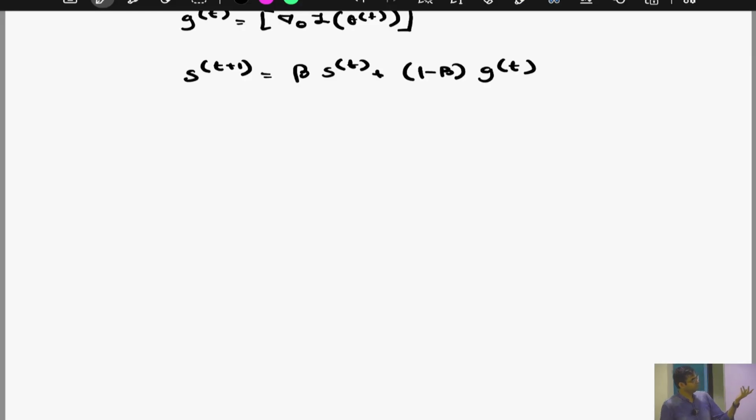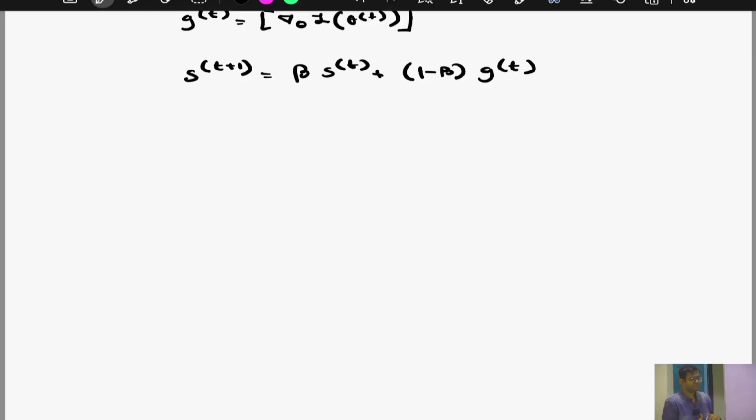Generally the beta value is kept at 0.9 or something like that. But keep in mind it is 0.9 times 0.9 times 0.9 times 0.9. That's how it goes. If you write S(t+1) in terms of S1, you realize that because of this it will be 0.9 to the power t. So that value will become very small.